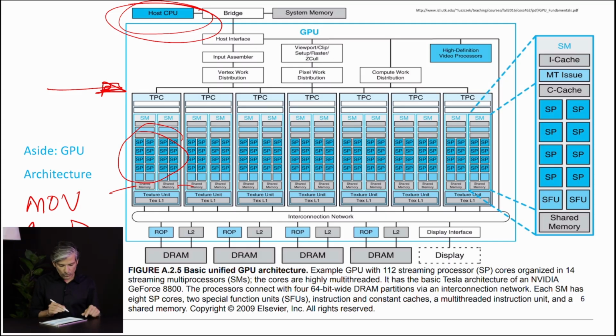The first core can be running this, the second core could be doing this, and the third core in parallel at the same clock, right? So your clock is running, and at the same clock, different cores can be running different instructions. But in a GPU, the difference is that all the cores in the warp can only run one operation. It can only run, let's say, the add operation.